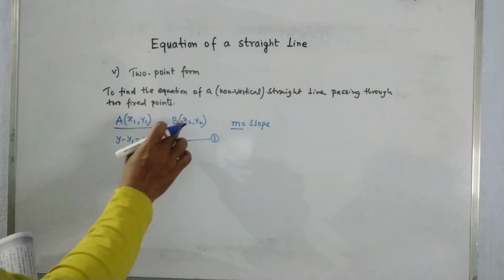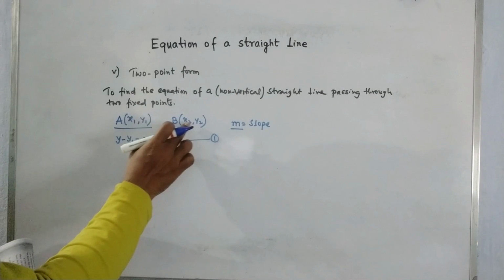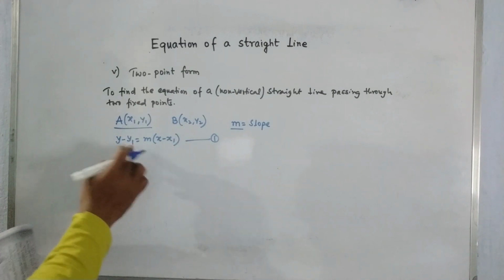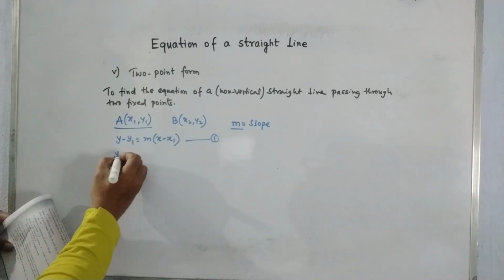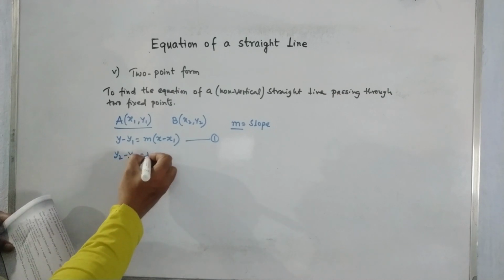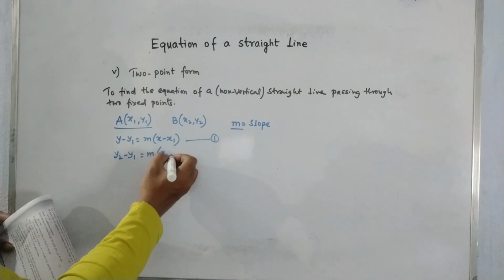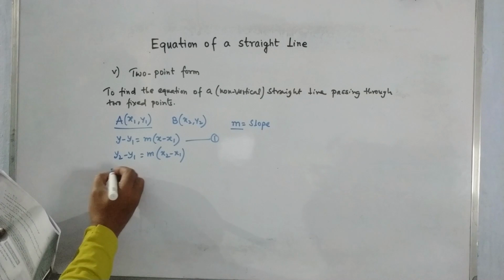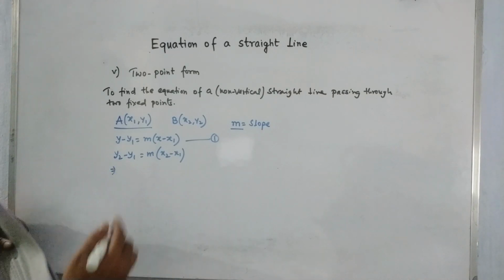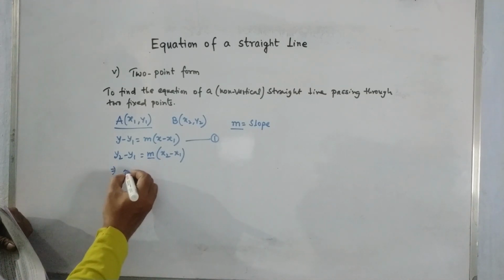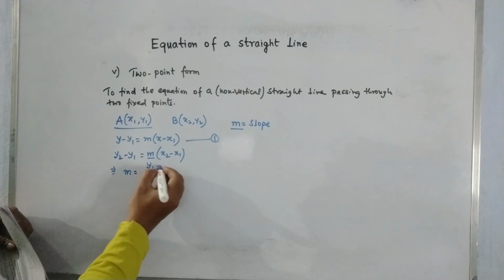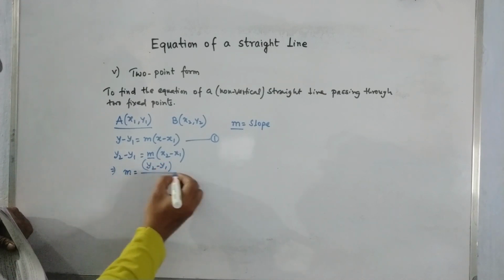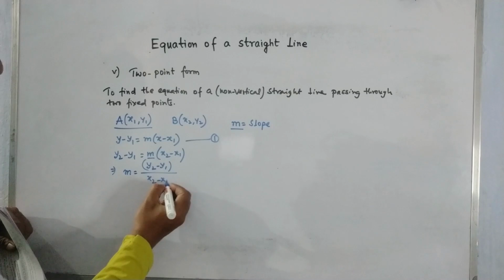That straight line is passing through B also. Therefore, putting the value of the coordinates of B into equation 1, we have y2 minus y1 equals m into x2 minus x1. From here, we can find the value of the gradient m equals y2 minus y1 by x2 minus x1.